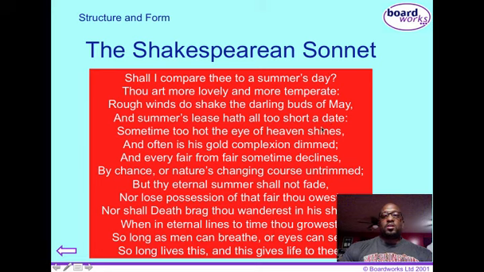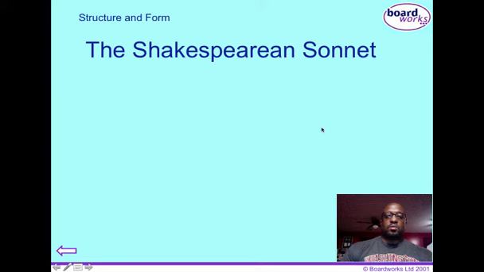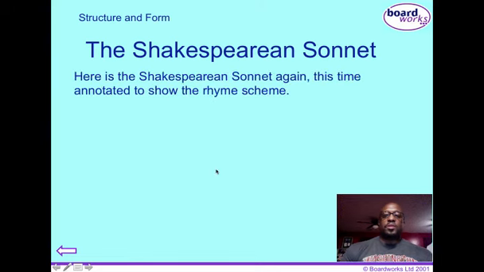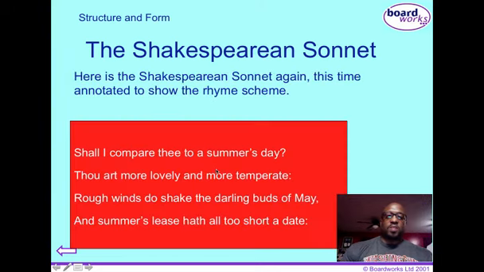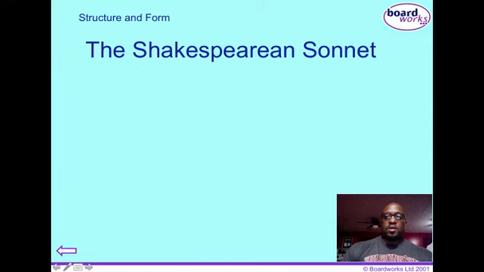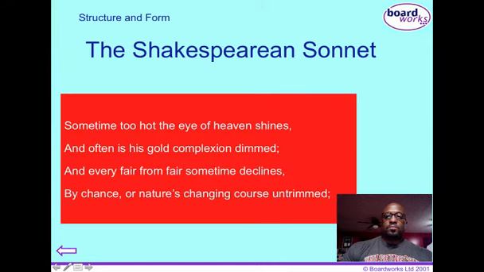So here is an example of the Shakespearean sonnet. We'll talk about it. And this is an example of how it's annotated to show you the rhyme scheme. So here's line A. The first and the third lines rhyme. So you have A B, A B, and here's your C, your two C's, your two D's.